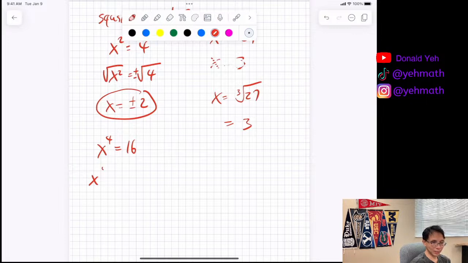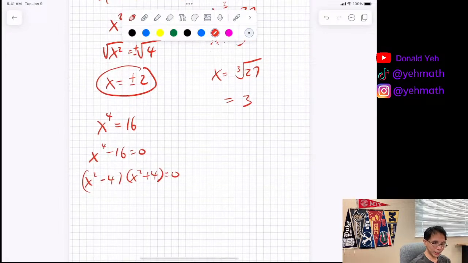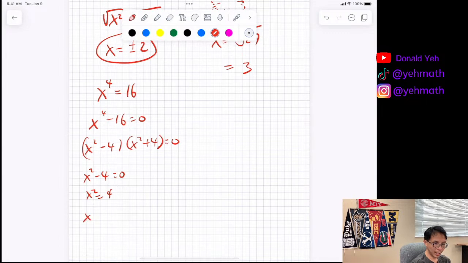But this is x to the fourth minus 16 equal to 0. x squared minus 4 times x squared plus 4. And then x squared minus 4 equal to 0, x squared equal to 4, x equal to plus minus 2. x squared equal to negative 4, x equal to plus minus the square root of negative 4, that's equal to plus minus 2i.